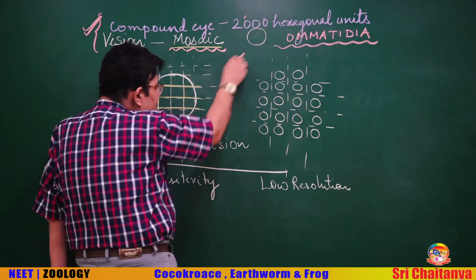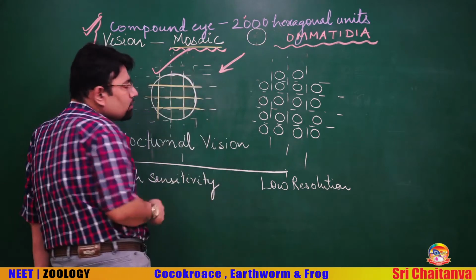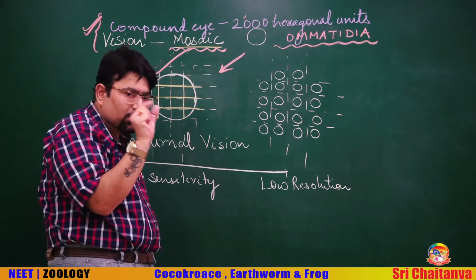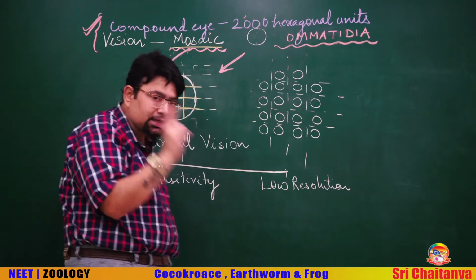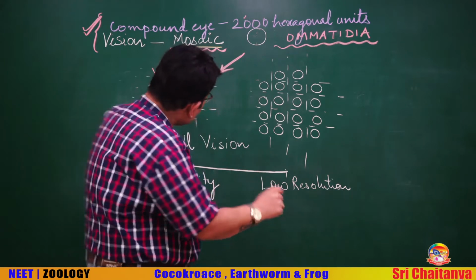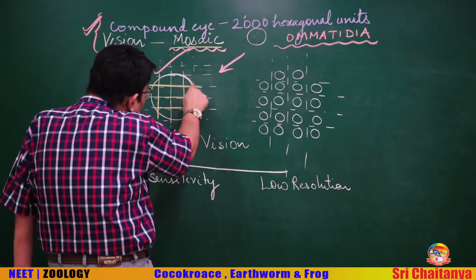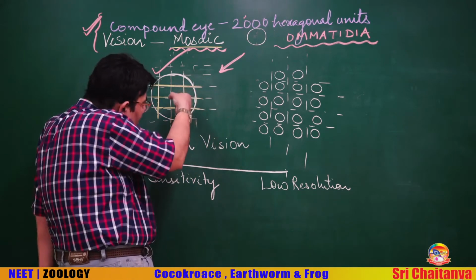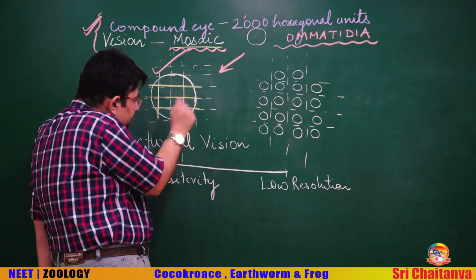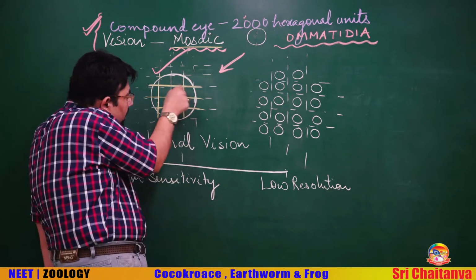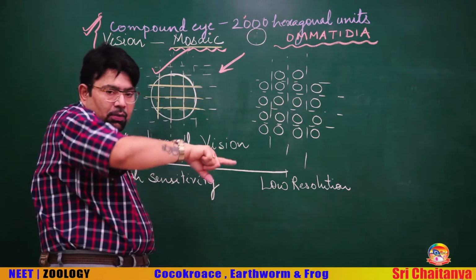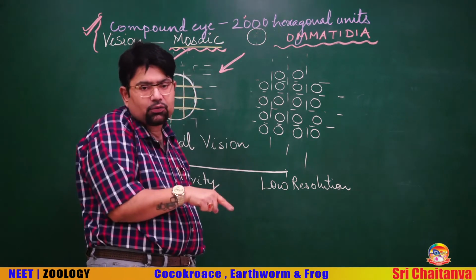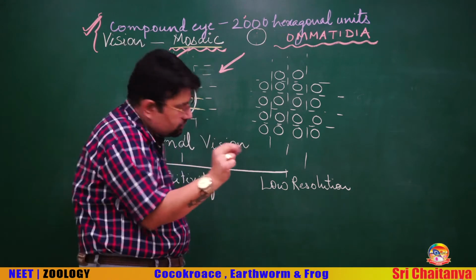So this is actually the mosaic vision. The complete image is broken into small pieces, and each ommatidium only senses a part of the image. So each ommatidium forms one small part of the image. Many ommatidia all make the image at once, and we see the mosaic vision.